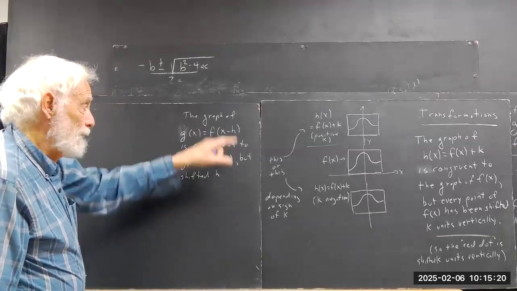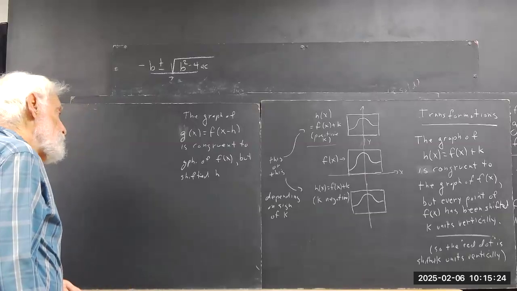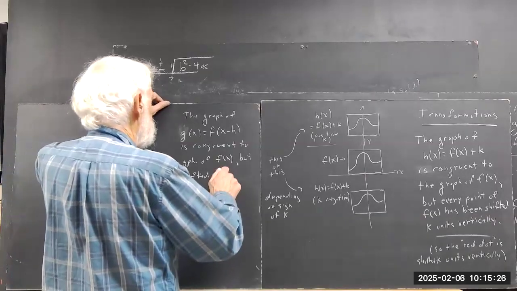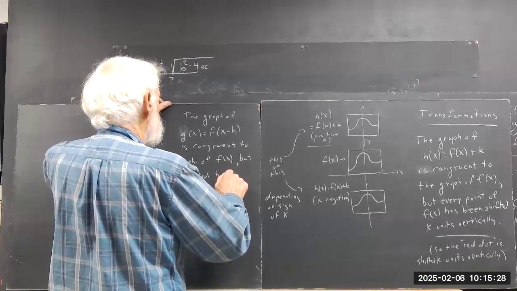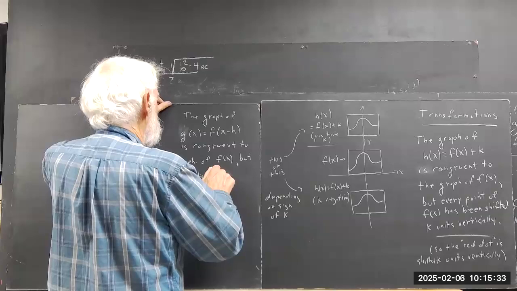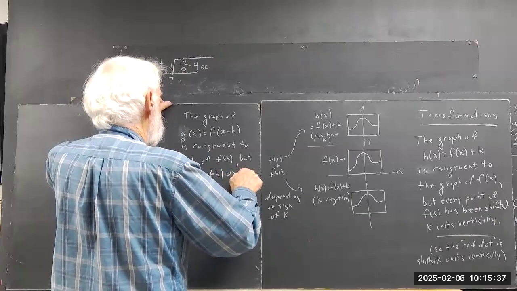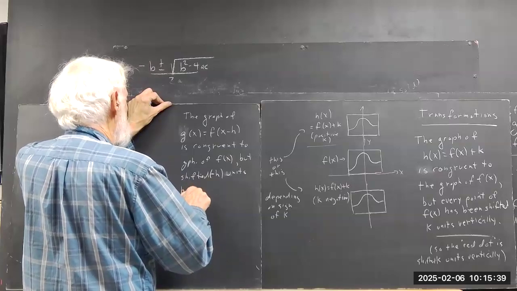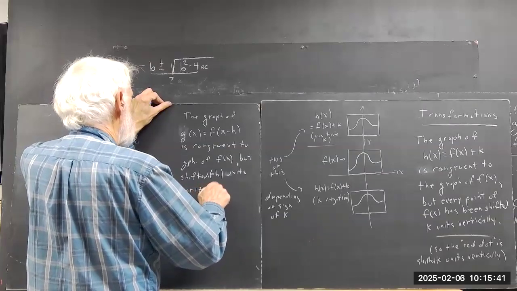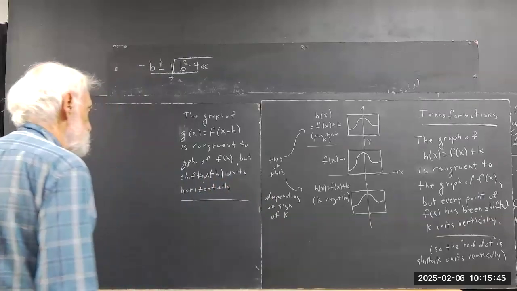I've got an h here already. You might confuse that with the name of the function. Shift in h equals h units. Shift in, sorry, negative h units. Horizontal.